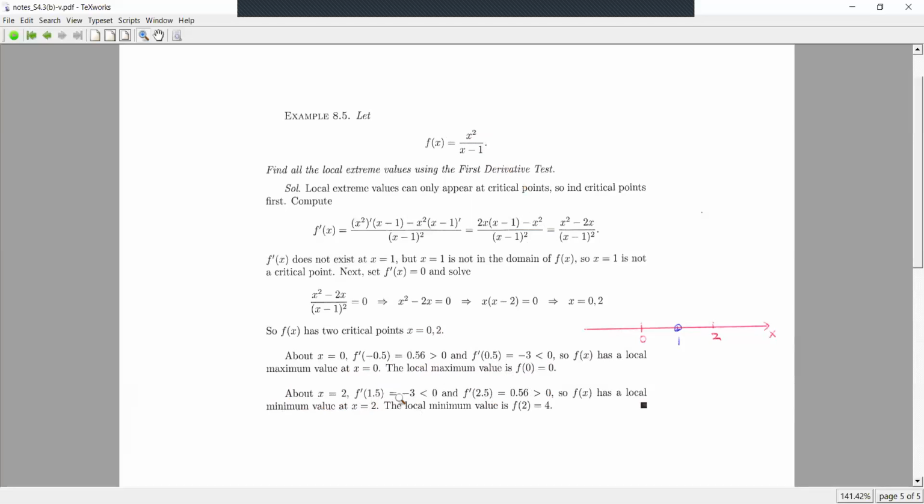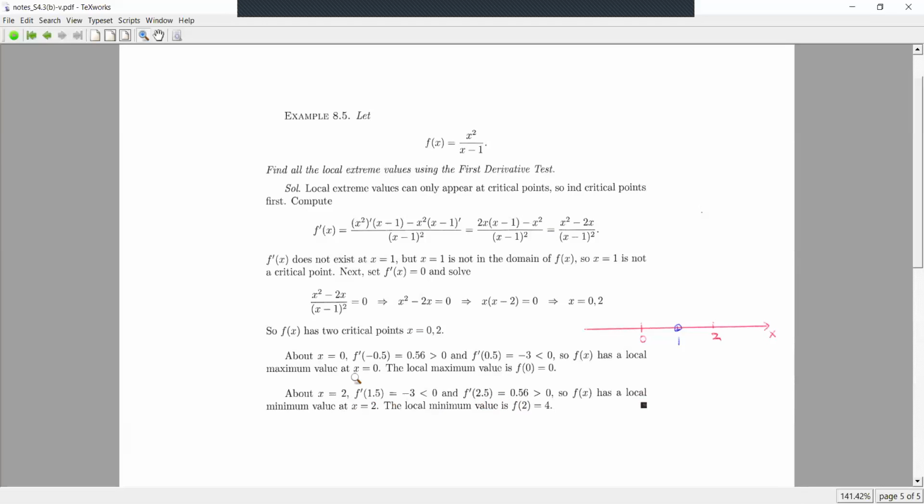The derivative at 1.5 is -3, less than 0. On the right side, I choose 2.5, and the derivative is greater than 0. So the derivative changes sign at 2 from negative to positive.